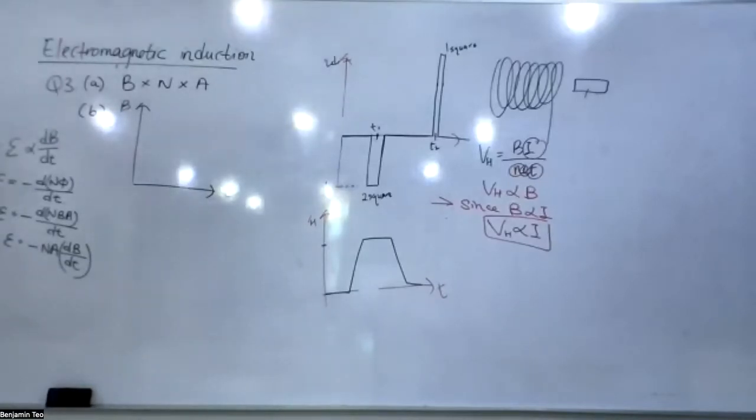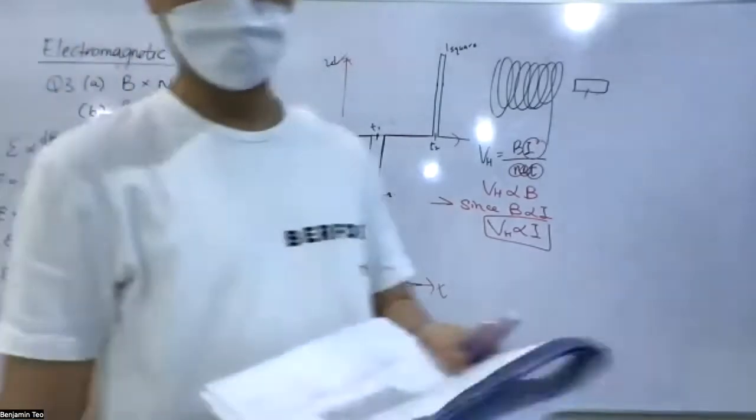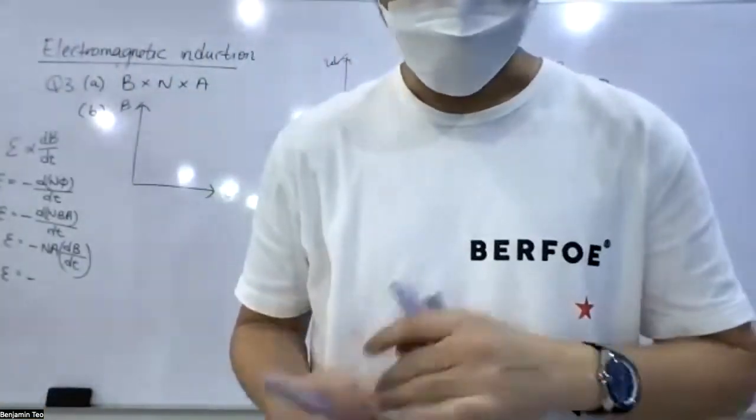Calculate the maximum magnitude of the induced electromotive force, so the EMF. Then they want the maximum. So we use this equation. They want the exact EMF, right? So we're going to use the actual equation here. Negative, number of turns. Okay, we have all the parameters. But then the dB/dt, you're going to find the gradient at the back, because that is the greatest gradient. That is the highest gradient.